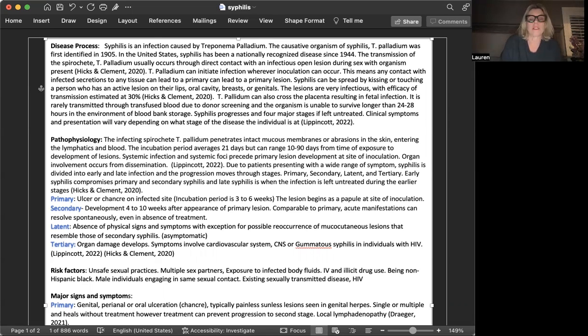Syphilis can be spread by kissing or touching a person who has an active lesion. This could be on their lips, oral cavity, breasts, or genitals. The lesion is very infectious with efficacy of transmission estimated at about 30%.